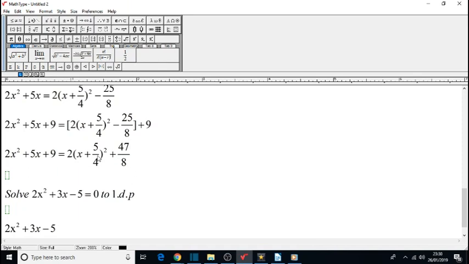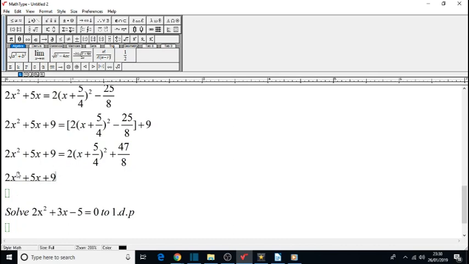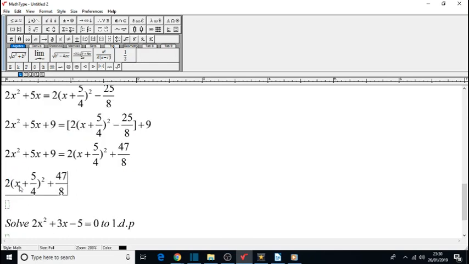So therefore now we have our answer. Our answer is 2(x + 5/4) squared plus 47/8.